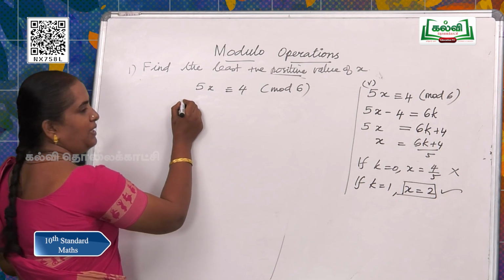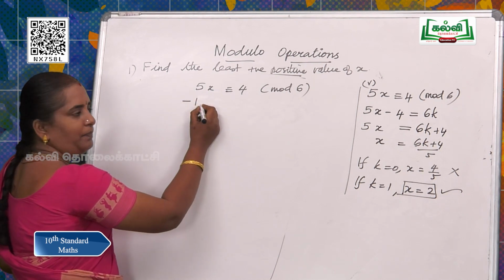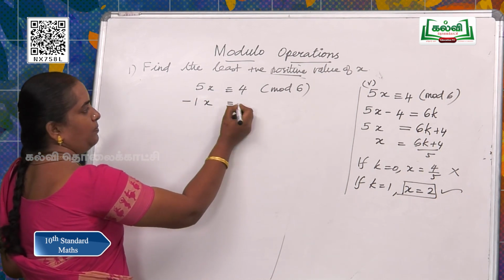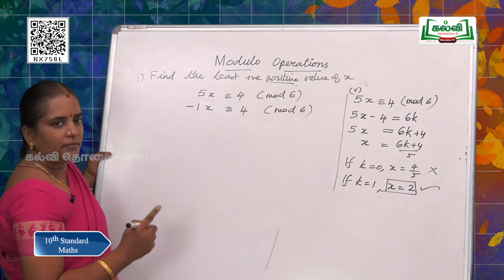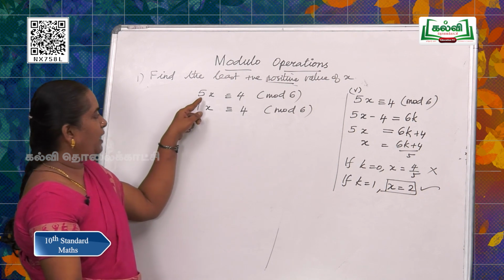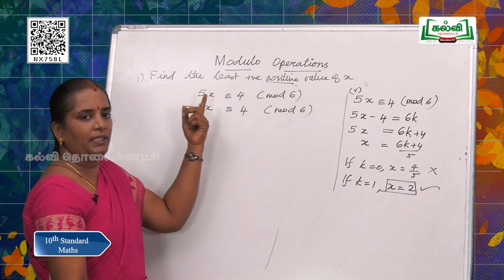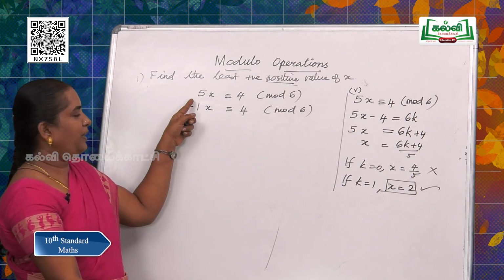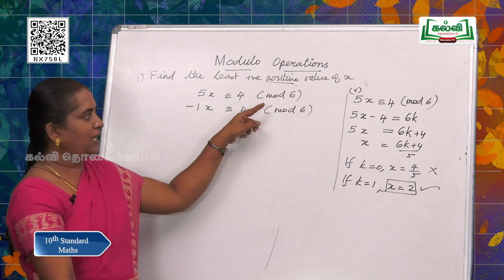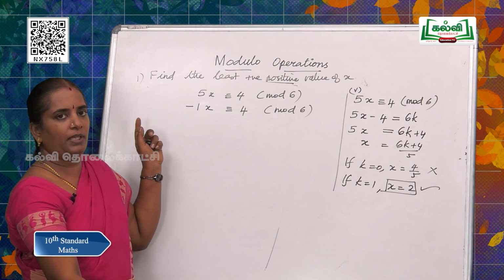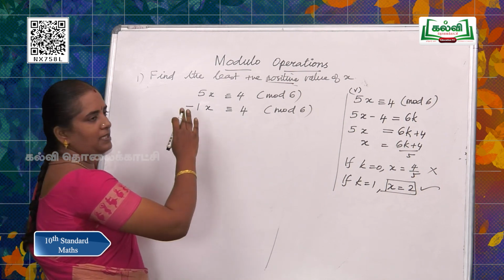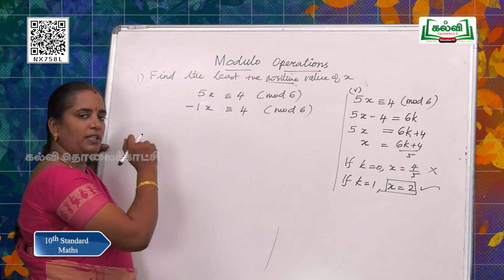So let me name this as minus 1 into x, which is congruent to 4 mod 6. Can you understand? Now we have replaced 5 with minus 1, as this is modulo 6, that is subtracting, we get this number. Okay? See, minus x is congruent to 4. What shall we do?